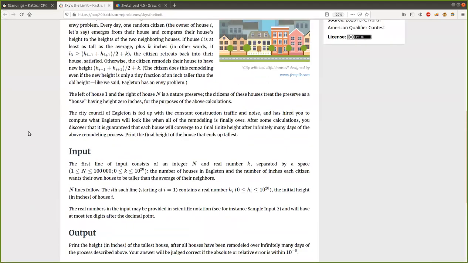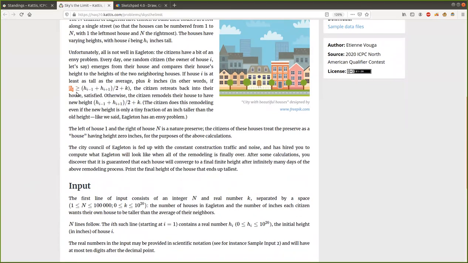What I noticed from the problem statement is that the condition of a house being at least the average is actually like a convex property.